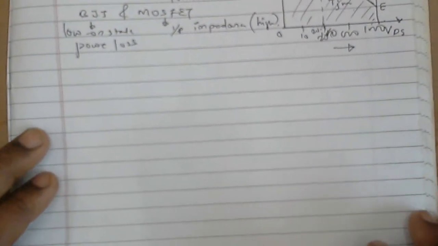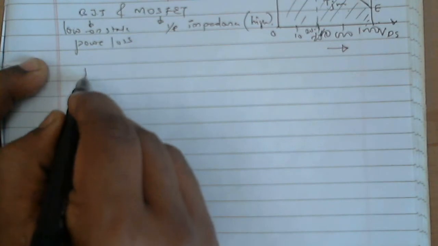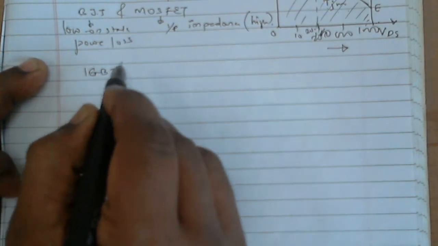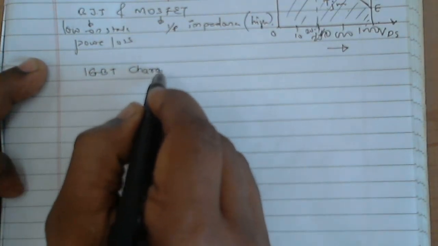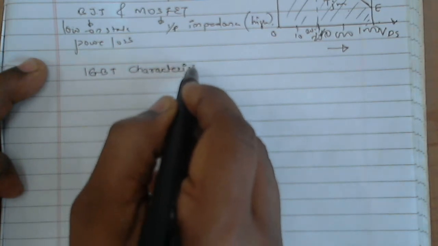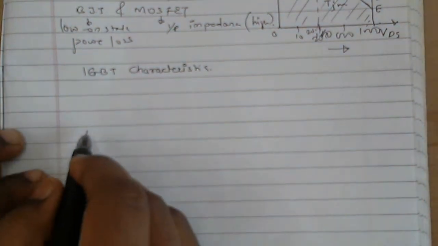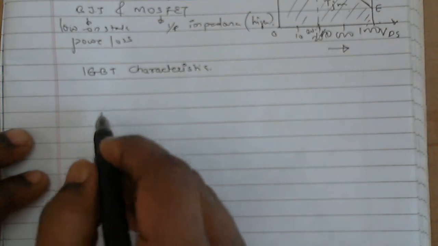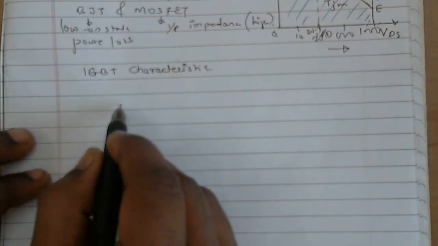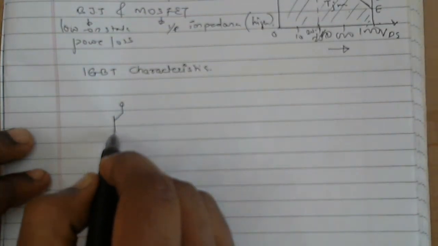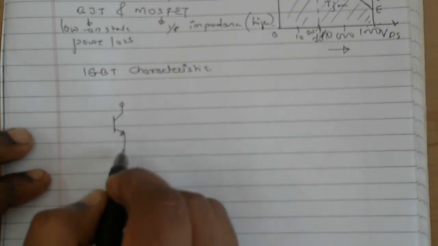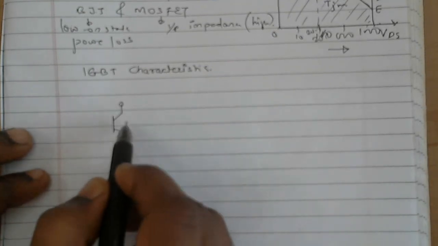Now its characteristics, IGBT characteristics. Oh, I'm sorry, I forgot to tell you the symbol. The symbol of IGBT is like this. Okay, now this is a BJT.